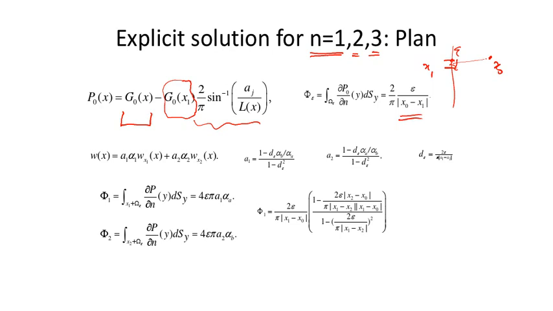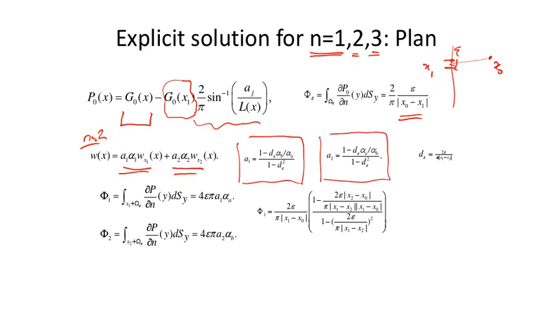Now, if you are with 2 holes, n equals 2, we have to sum over the 2 Weber solutions. You have a matrix to invert. I'm giving you already the solution. This is given by the coefficients A1 and A2. And alpha 1 and alpha 2 are the Green's function calculated. So alpha 1 is minus the Green's function calculated at position x1, x0, and alpha 2 is minus the Green's function calculated at position x2, x0.